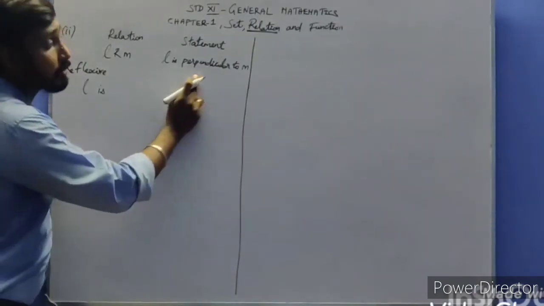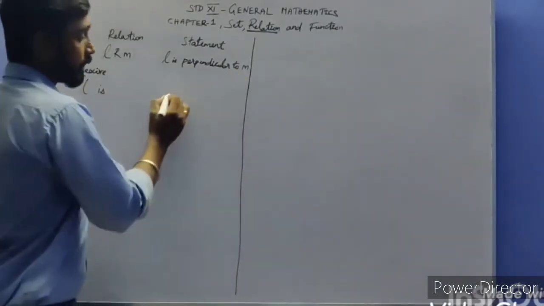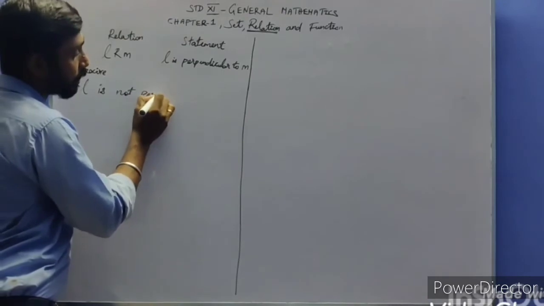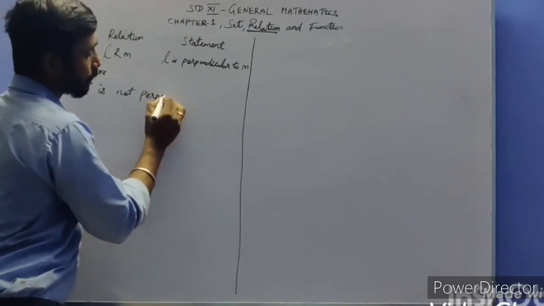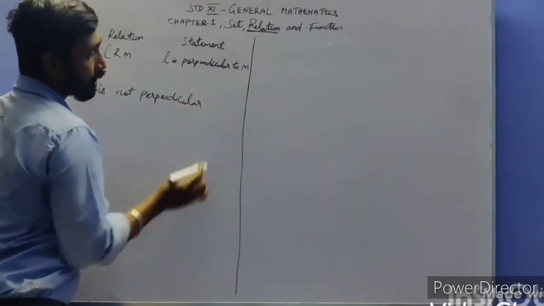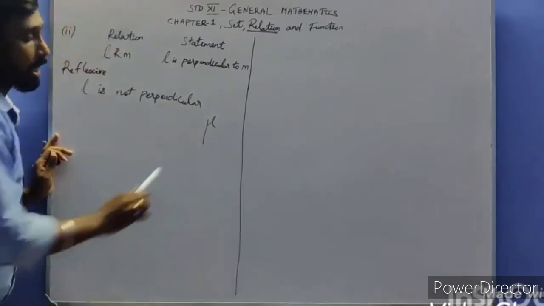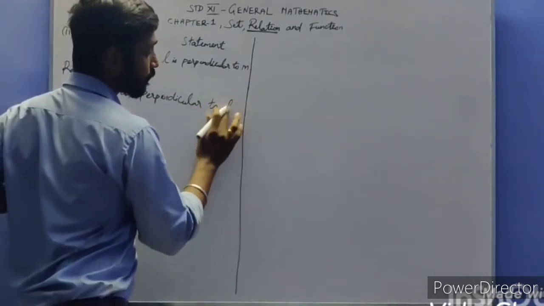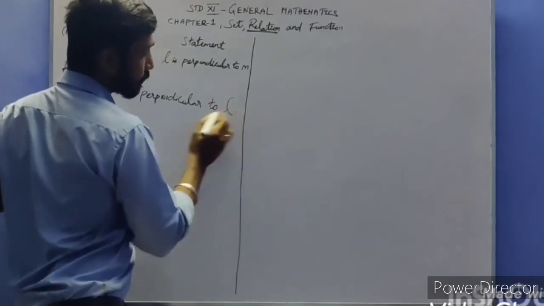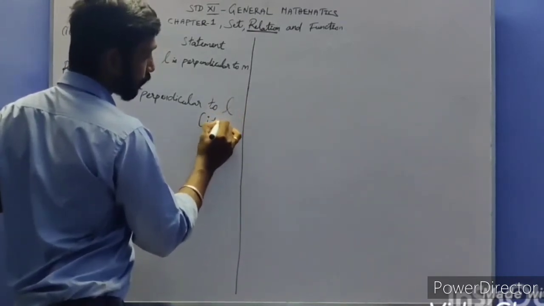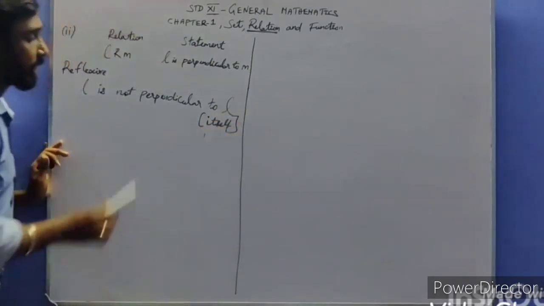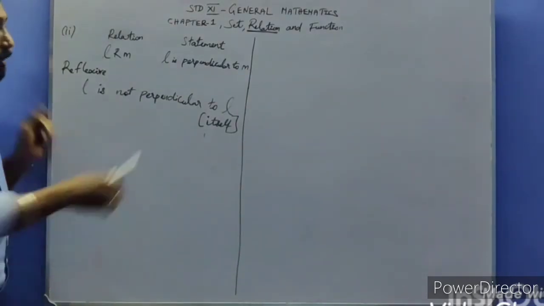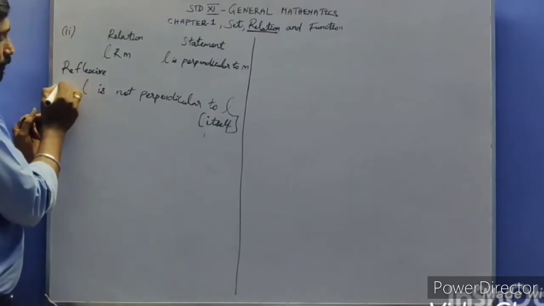Here they are giving L is perpendicular to M. If we write the statement, L is not perpendicular to L, because if the line is L here, L perpendicular to L would mean L is perpendicular to itself. L is not perpendicular to L because L is not perpendicular to itself.